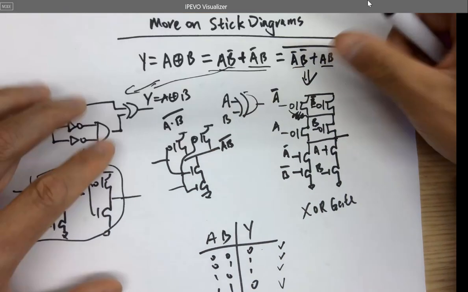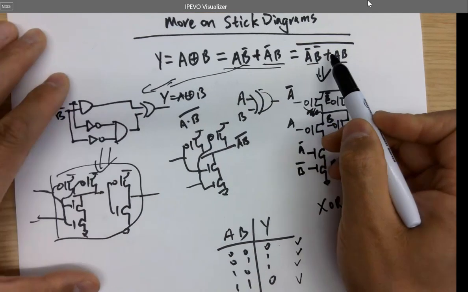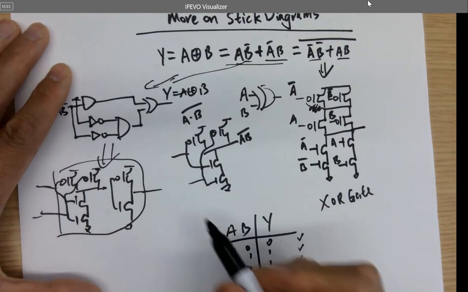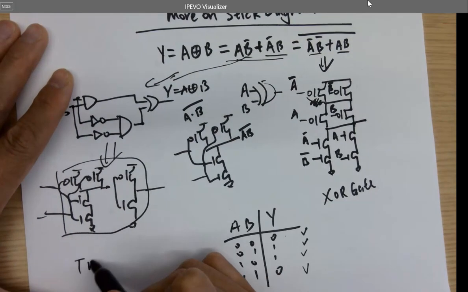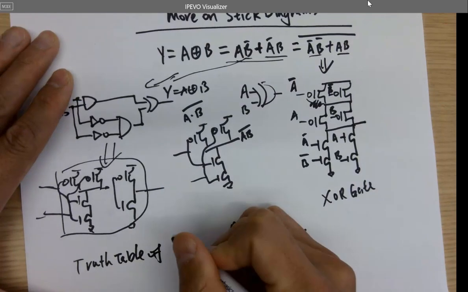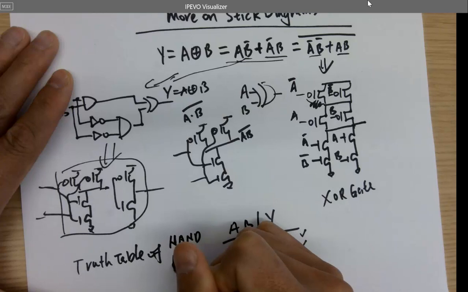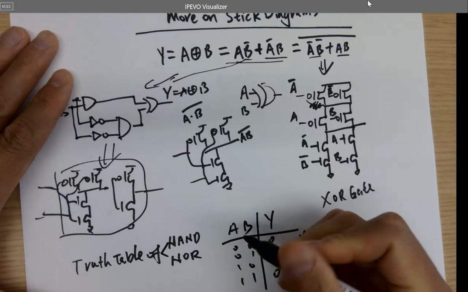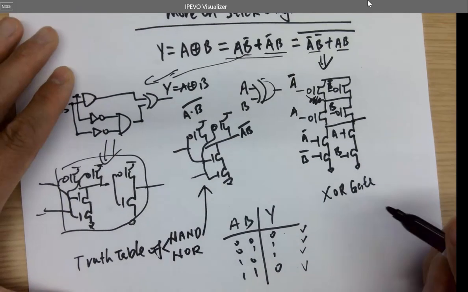Makes sense? And we found this conclusion from the truth table of NAND and NOR. Then we found a circuit like that.